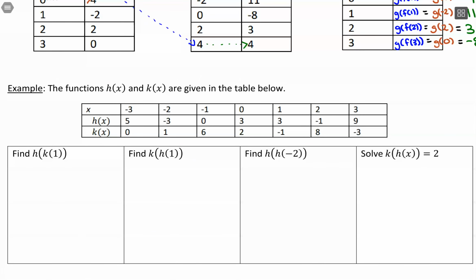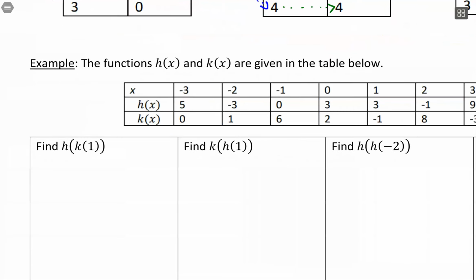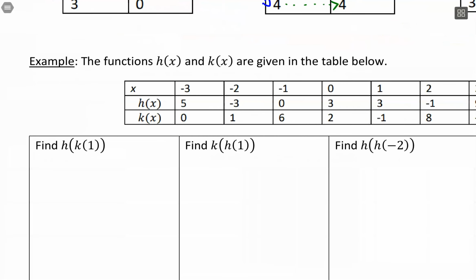All right, this last one, we'll have some practice of things we did in that first example, but then we'll put a little twist at the end with some solving. So, finding h of k of 1. First thing I want to do is simplify this k of 1, where my x is positive 1. So I want to find what is my function output for k when x is positive 1.